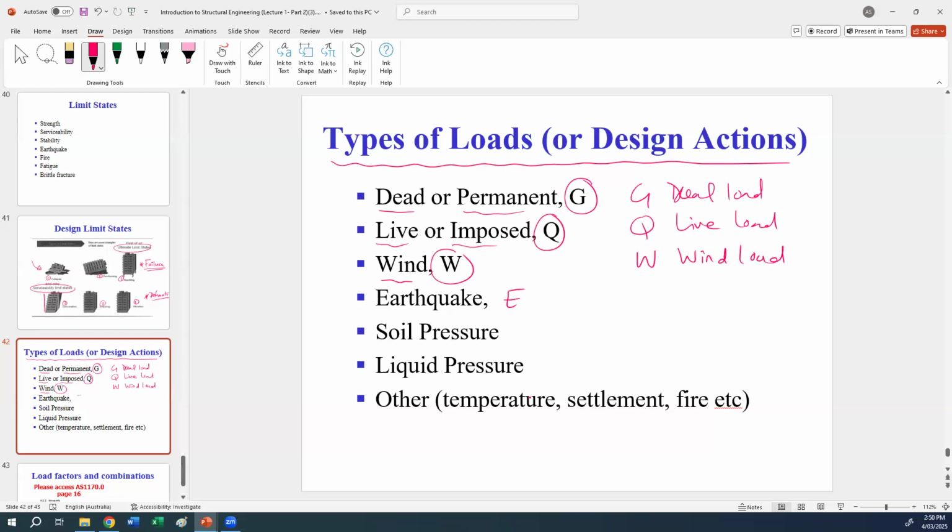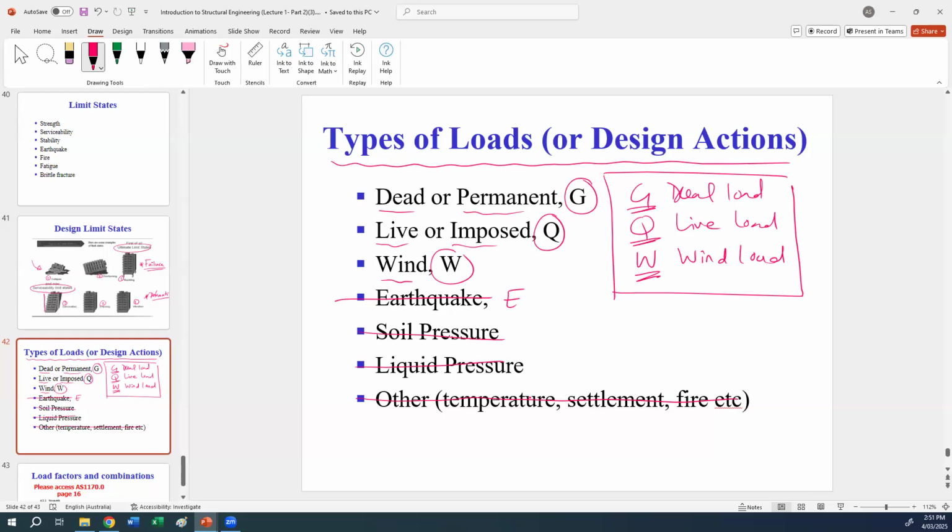Earthquake load has the symbol E, but we are not considering earthquake, soil pressure, liquid pressure, or other loads such as temperature, settlement or fire. So in our work, we will have only three symbols of loads: G, dead load; Q, live load; W, wind load.